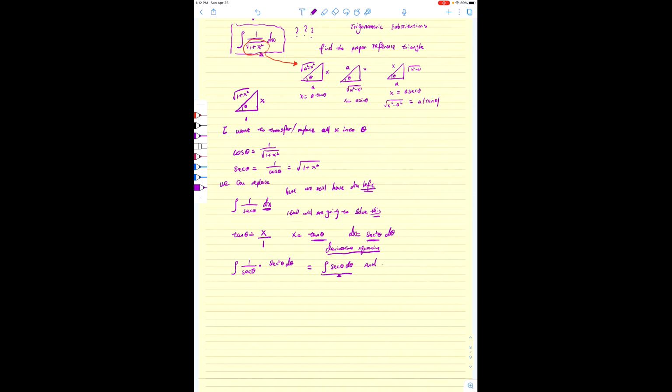And this is not easy to solve. So we are going to refer to the integration table. I need to find that equation in my book.